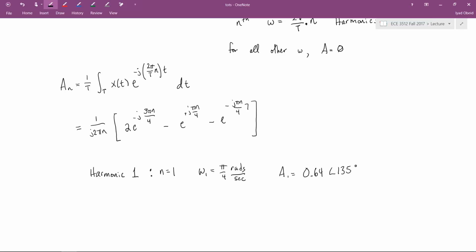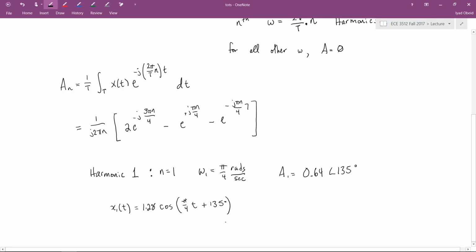Now, we learned in the first week of class how to take a complex value of A and use that to express the cosine. So essentially what all of this is telling us is that the formula for the cosine of the first harmonic is 1.28 cosine of pi over 4 t plus 135 degrees.